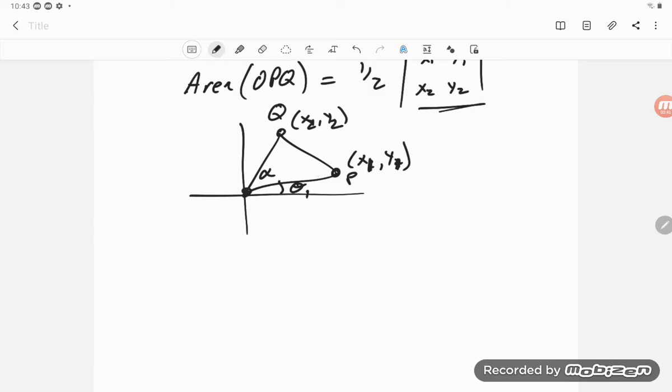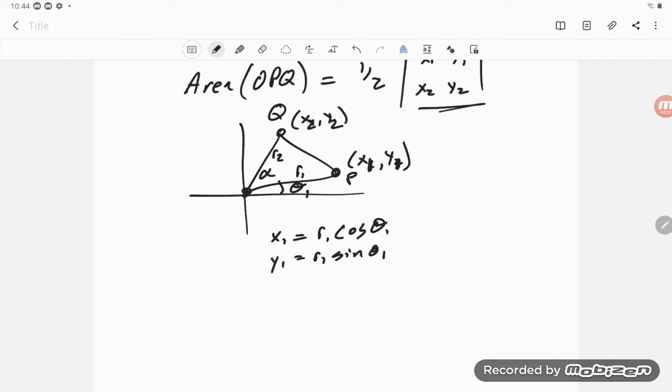But if I use polar coordinates, and I call this R1 and this R2, then I know that x1 is equal to R1 cosine theta 1, and y1 is R1 sine theta 1.